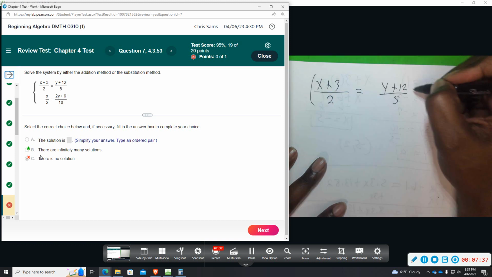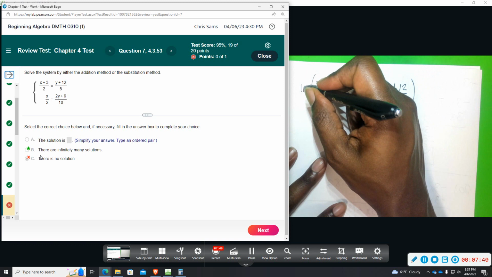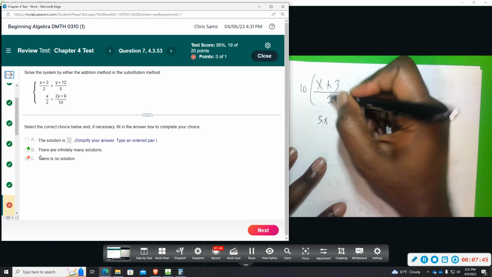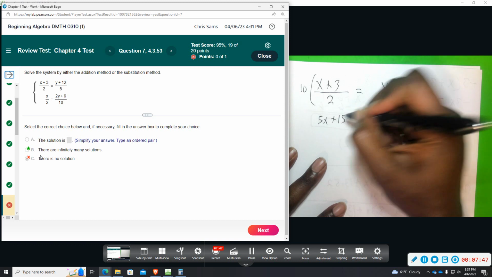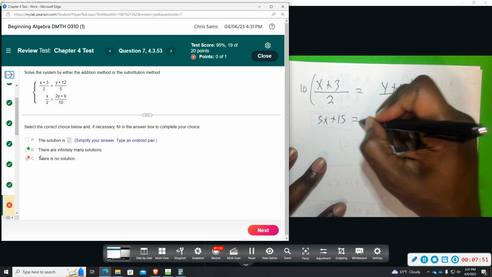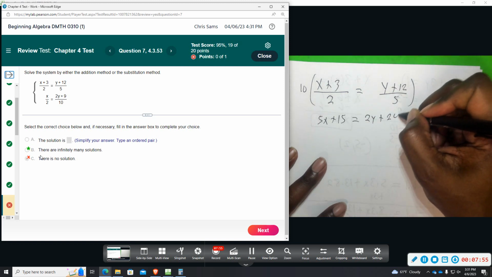Multiplying by 10 will get rid of both fractions. Times 10 will divide by 2, give me a 5, so I get 5x plus 15. Times 10 will divide out, give me a 2, so equals 2y times 2 plus 24.